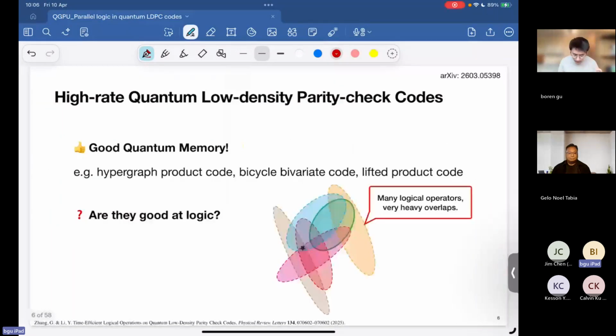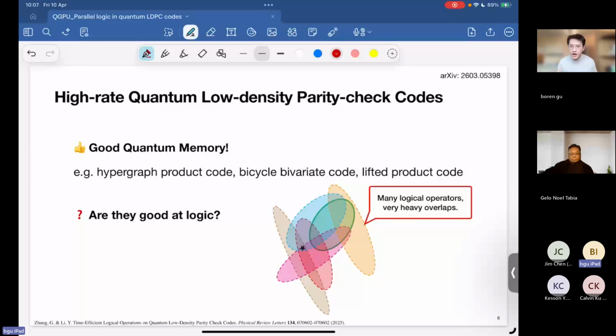When we consider a high-rate code, there are many logical qubits encoded in one code patch, and very often many logical operators heavily overlap with each other. Here each colored region is the support of a logical operator, and they overlap a lot.